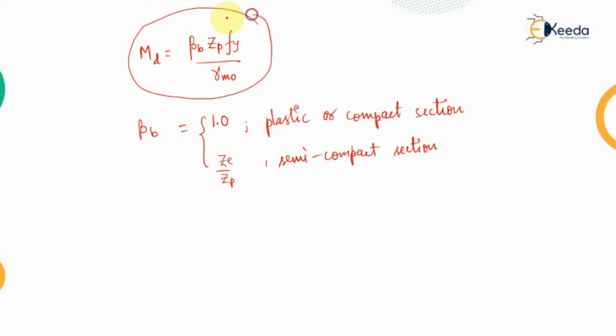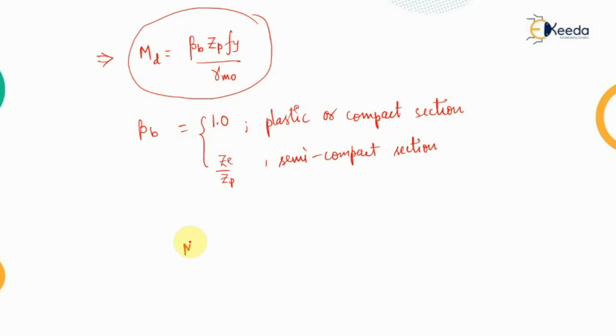So by putting all the values in this formula, we will be calculating the design bending strength of the beam in the low shear case. Fy here is the yield strength of the steel material, and gamma m naught is the partial factor of safety used for the steel material, which is generally taken to be equal to 1.0.